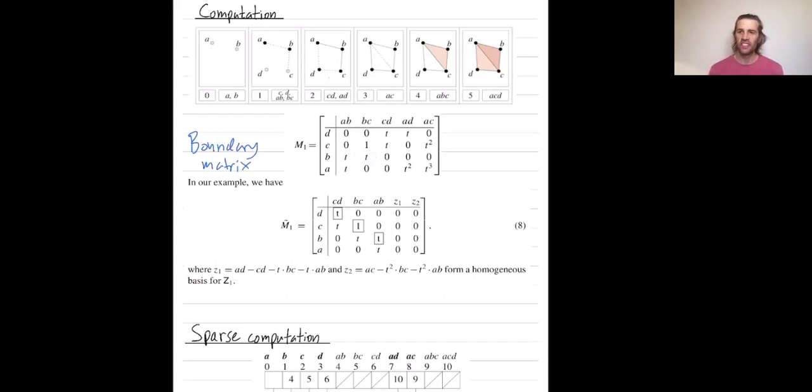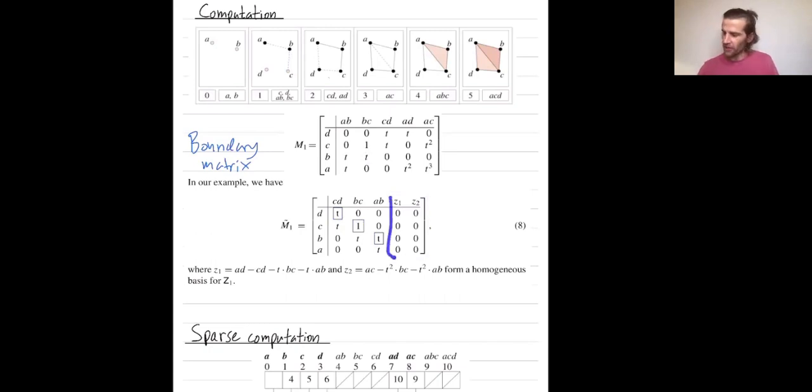All right, you do standard Gaussian elimination. It turns out that you can do that over a principal ideal domain. And you get it down into this reduced form. The pivots are drawn in boxes. And from this reduced form, you can count the dimensions of the one-dimensional cycles, okay?